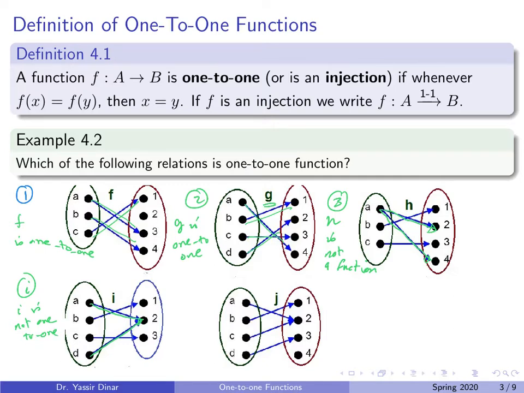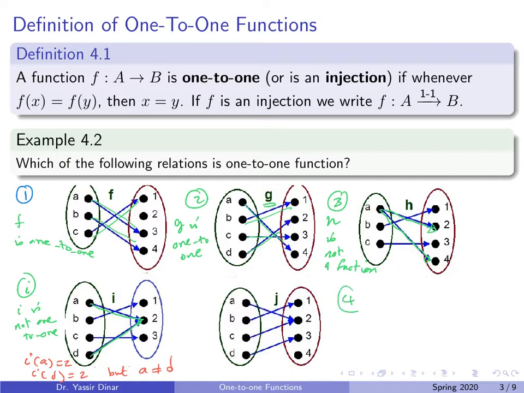Why? Since i of A is equal to 2 and i of D is equal to 2, but A doesn't equal D, so it doesn't satisfy the condition of being one-to-one.